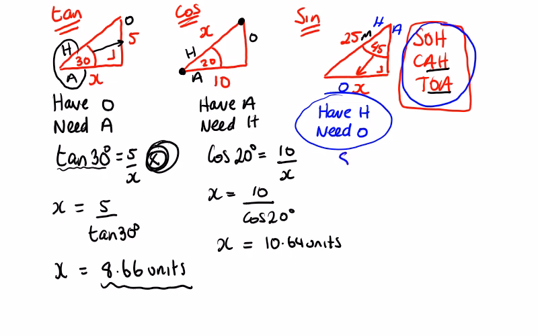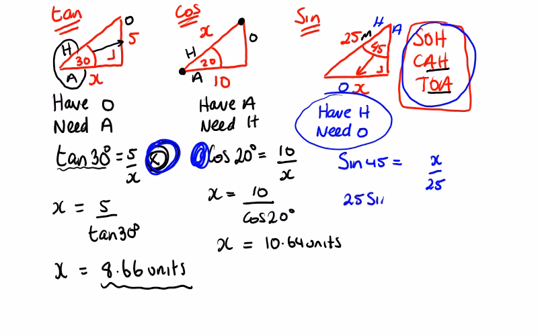So we're going to use sine here. The sine of 45 is equal to O over H, which in this case is X over 25, and slightly different algebra than the first two at this point. We cross multiply by 25 here, and X will be on its own.